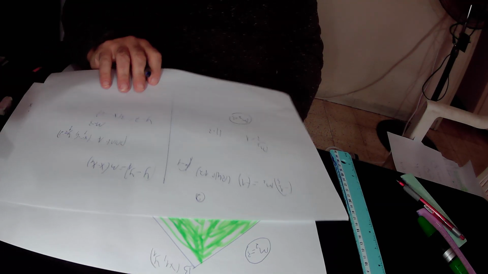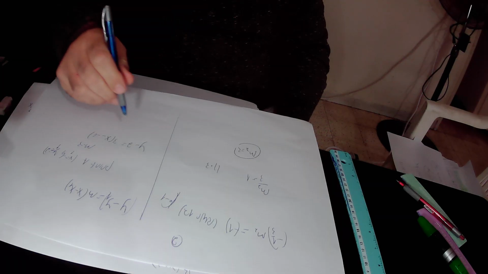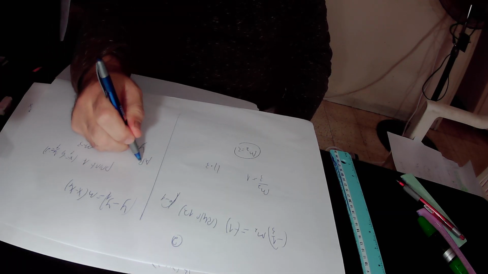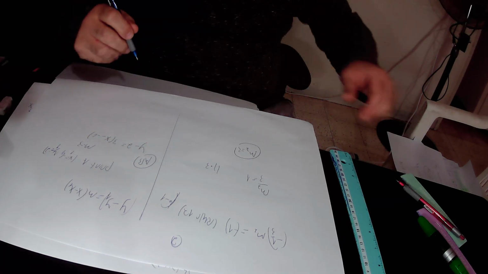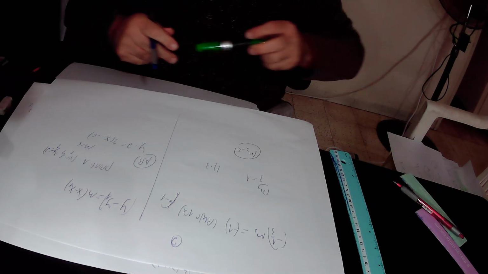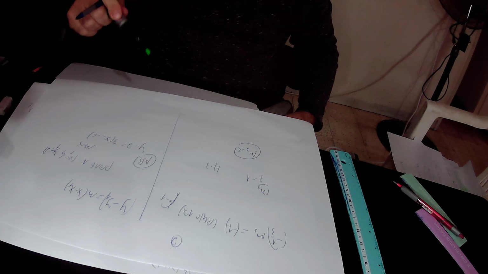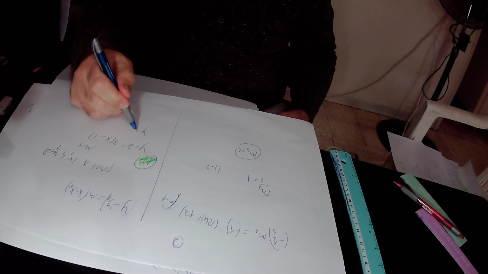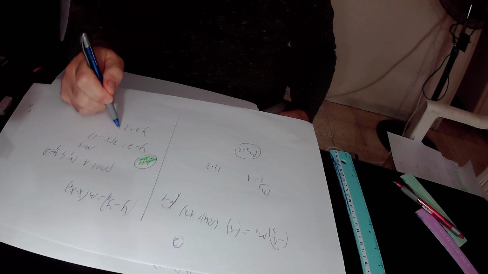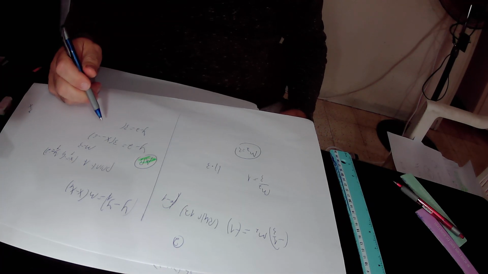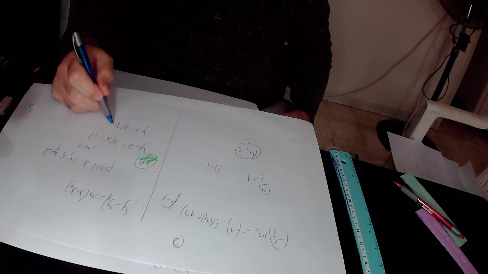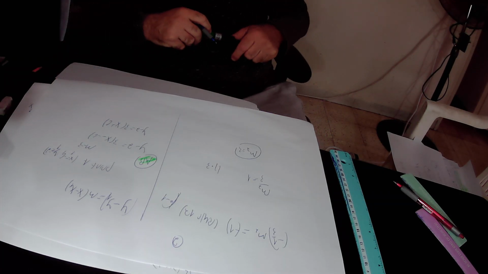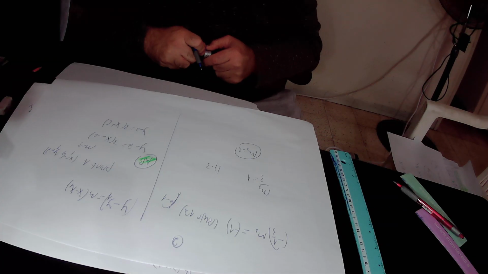So we found that the equation of the straight line AB is y minus 2 equals 3 times x plus 6.